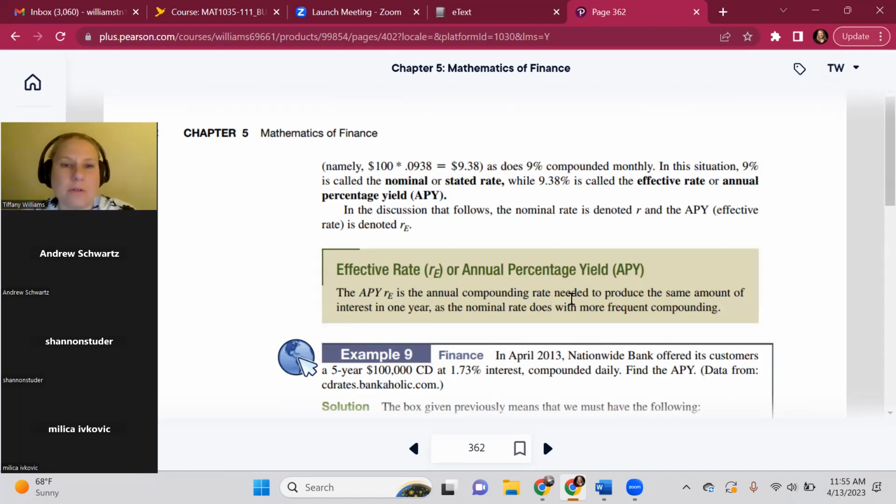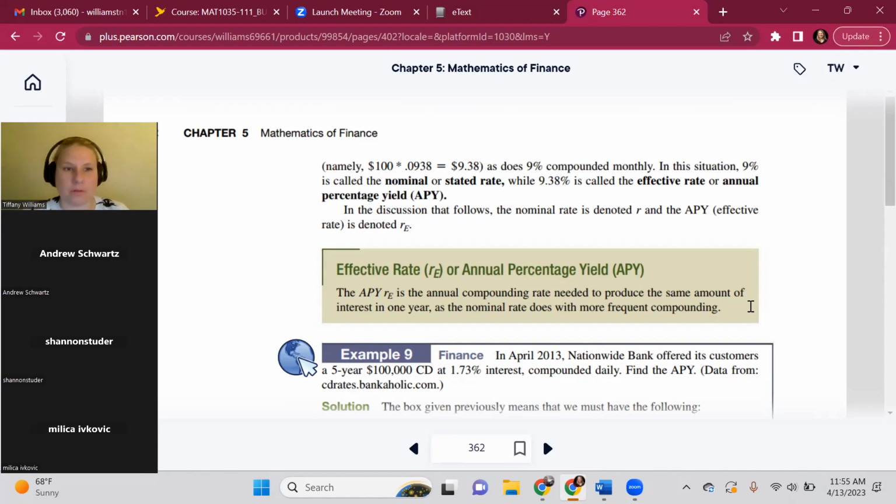So let's talk about APY versus APR. APR is your nominal rate or your stated rate. The APY is the annual compounding rate needed to produce the same amount of interest in 1 year as the nominal rate does with more frequent compoundings. A nominal interest rate is an interest rate in name only, since the method of compounding needs to be associated with it in order to get an effective interest rate.